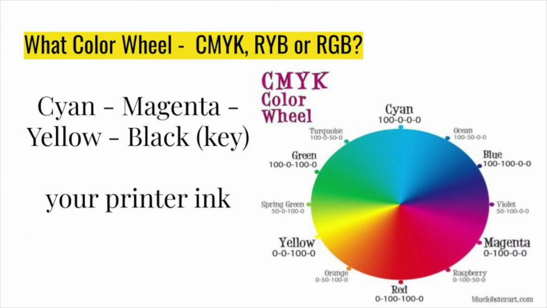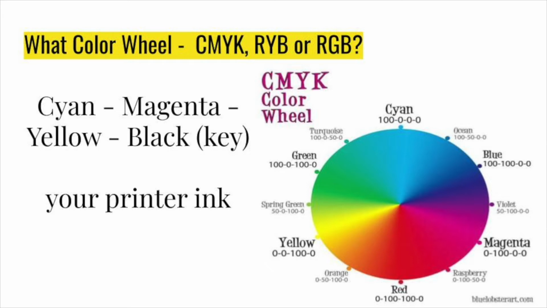So the next color wheel we're going to talk about is the CMYK. If you picked this color wheel, you're wrong again. This is not the one we are going to be using with paint, but this is the color wheel used for printer ink. CMYK stands for cyan, which is a type of blue, magenta, which is a type of red, and yellow, which is yellow.